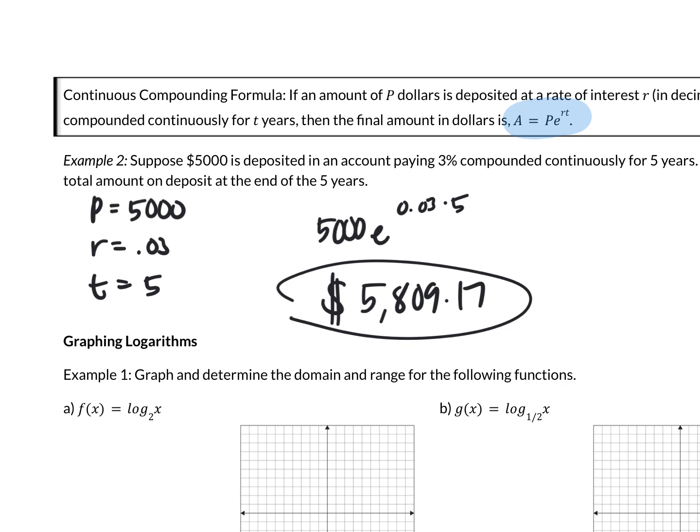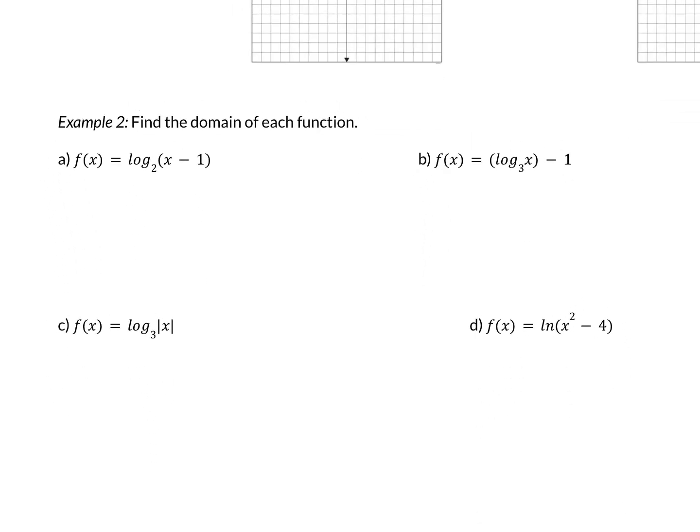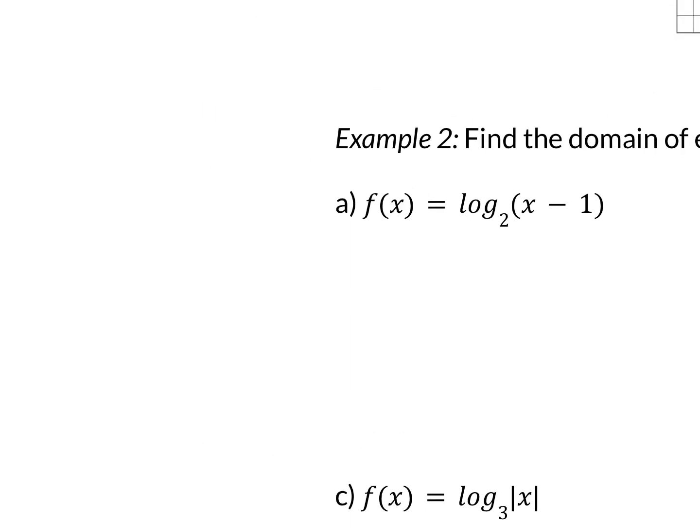Okay, before we actually graph these logarithms, let's go talk about domain really quick. So let's look at example 2 here. If I want to find the domain of a logarithmic function, if we thought about rewriting, if we had y equals log base 2 of x, I would rewrite this as 2 to the y power is equal to x.